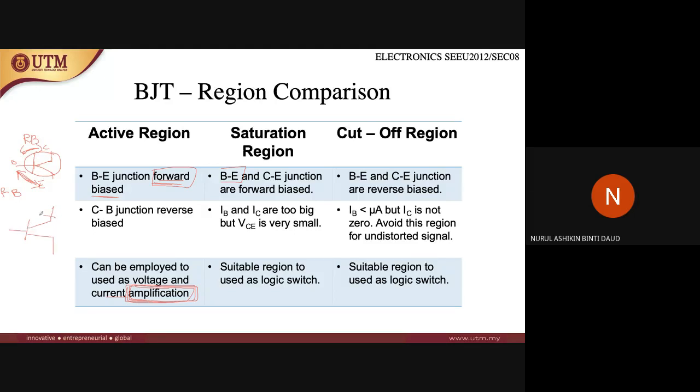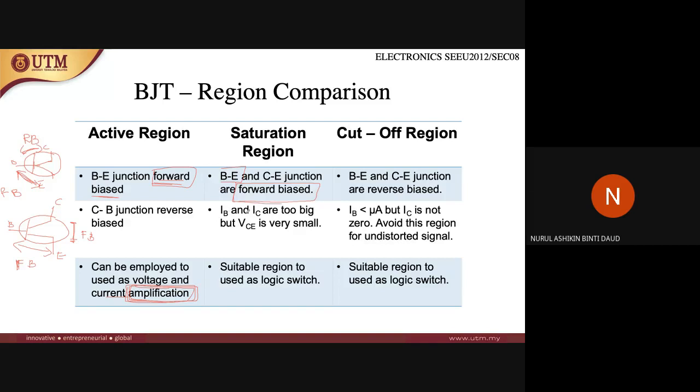This is the collector, this is the emitter, this is the base. The base-emitter junction will be in forward bias, and the collector-emitter is also in forward bias. Both of them will be in forward bias.